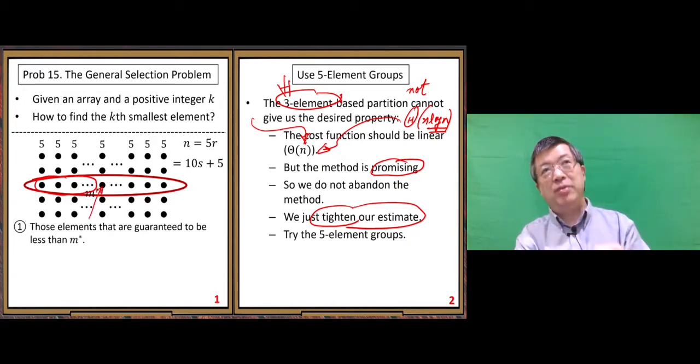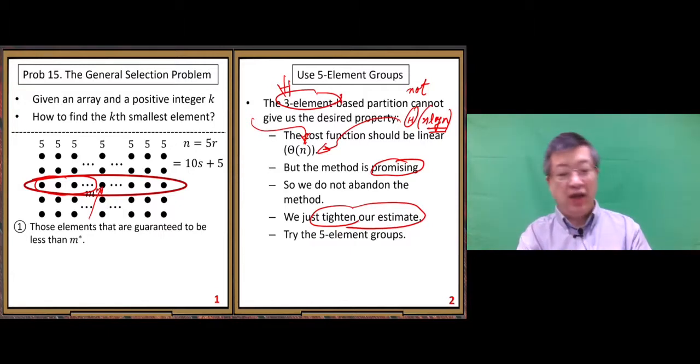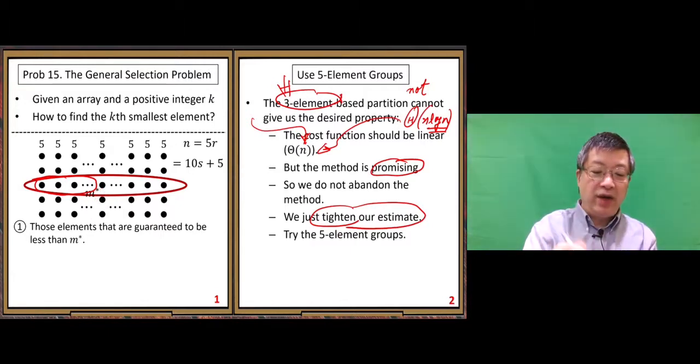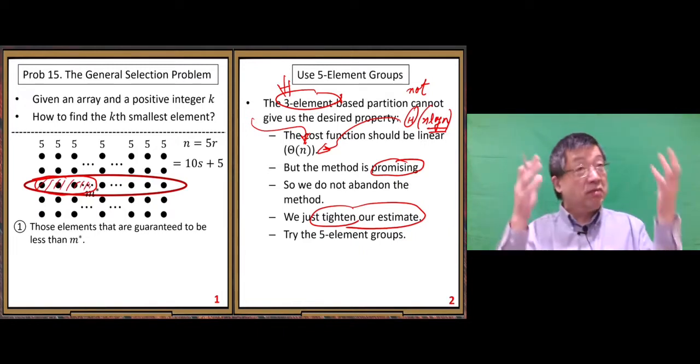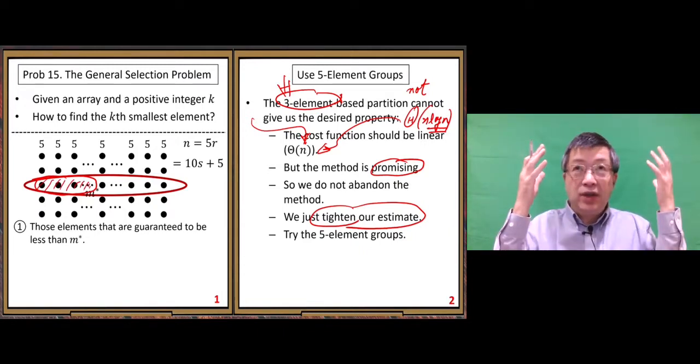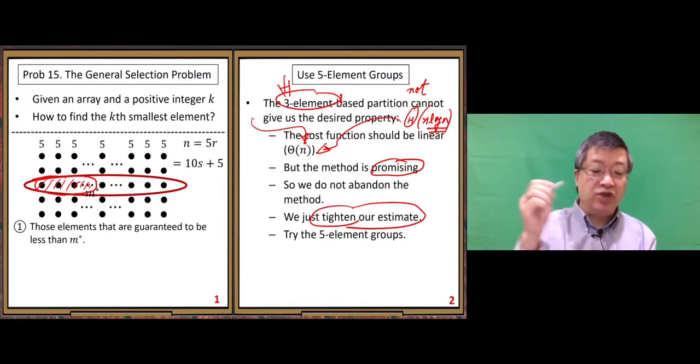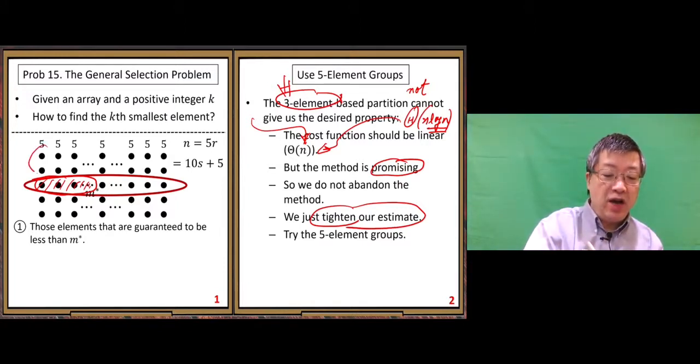That step is important in our assumption. When we do that, all these elements are guaranteed to be smaller than M star. Other than that, how about all these elements?